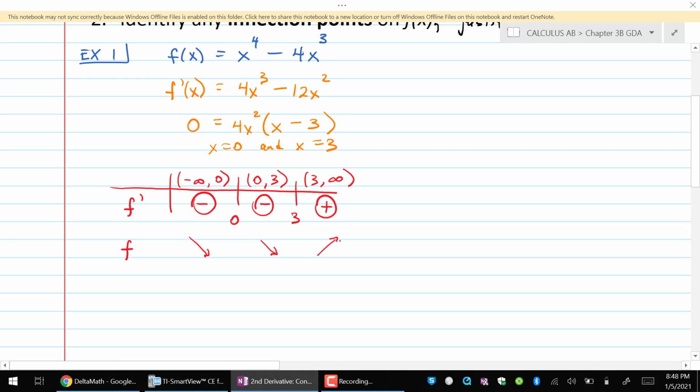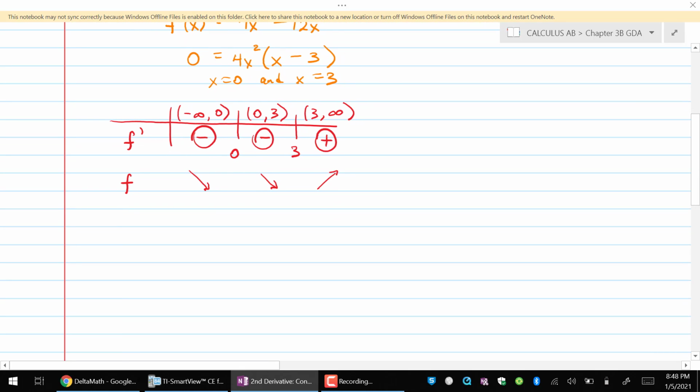So if I'm looking for extrema, well, I don't want to say 0 because there's no sign change on the derivative here. So 0 is actually a plateau point. It's neither a min or a max. So x equals 3 appears to be a local minimum here.